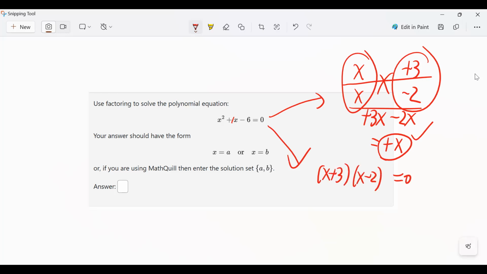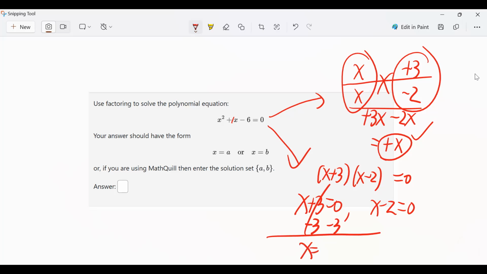Now we use the zero factor property. x + 3 equals 0. x - 2 equals 0, and solve for x. Subtract 3 here. x equals -3. Add 2 here. x equals 2.